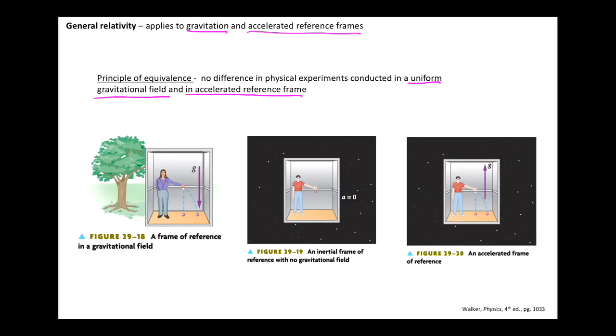I shouldn't be able to tell the difference between the two. So here we're not dealing with just two different things, one moving at constant velocity and one not, but rather one case where I'm in gravity of a certain gravitational acceleration and in an accelerated reference frame with the exact same acceleration. All right?